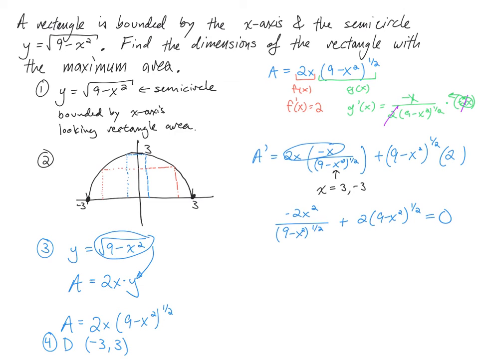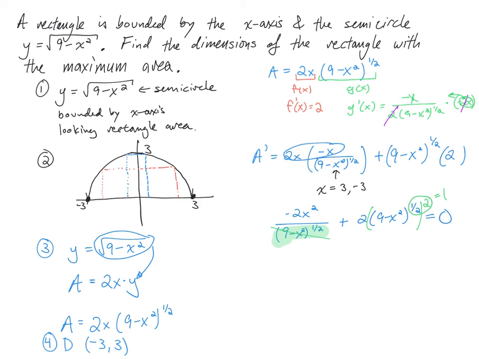Now in order to solve for this, I'm going to multiply both sides by (9 minus x squared) to the 1/2. When I do that, this term would completely cancel, but this term here, it would square it, and so these two exponents would combine to be 1.